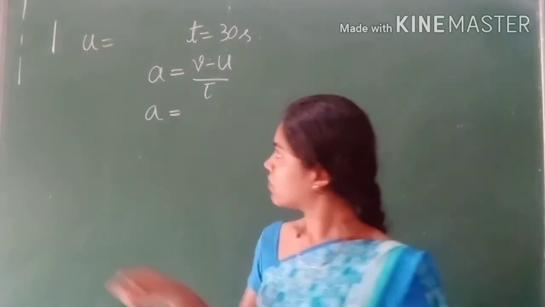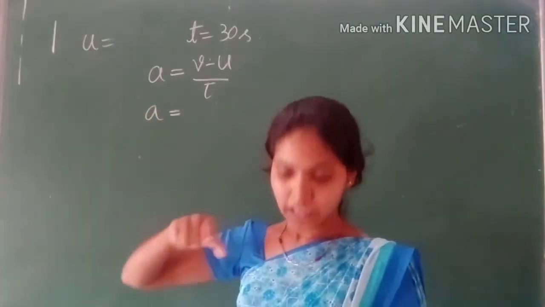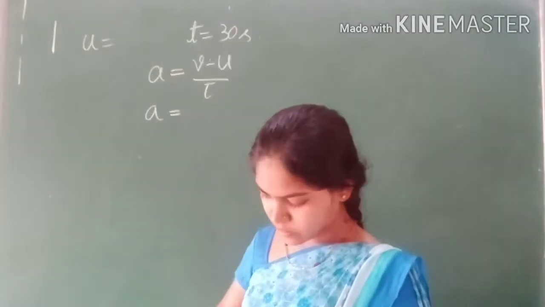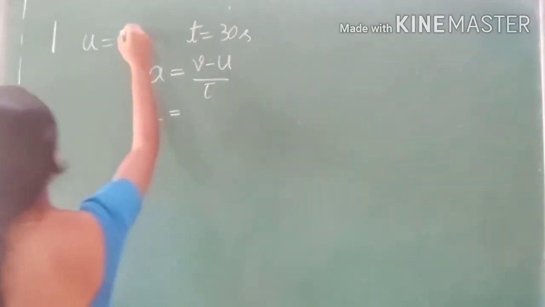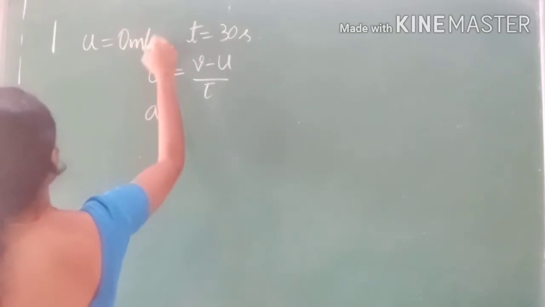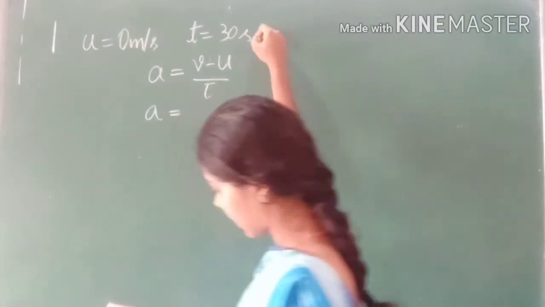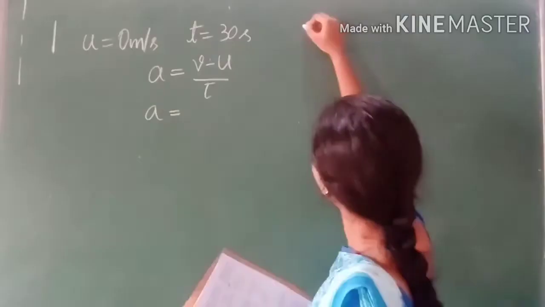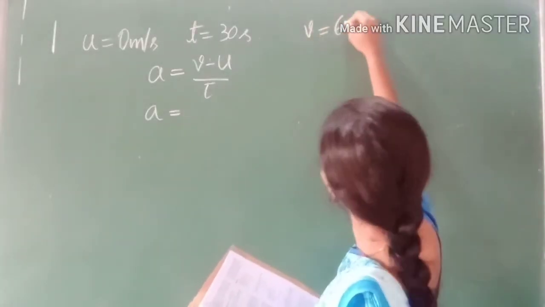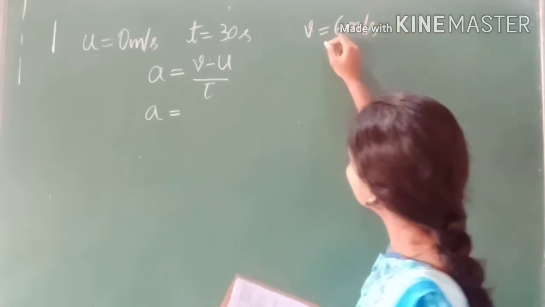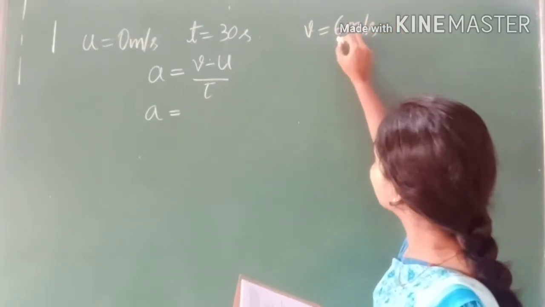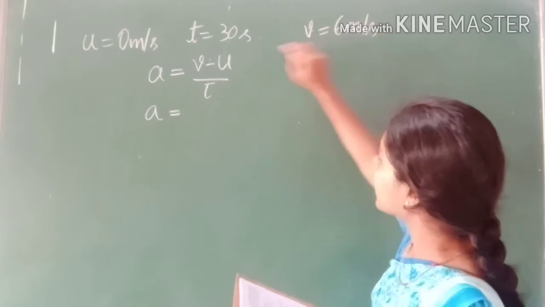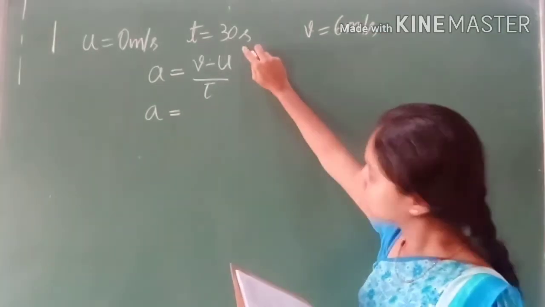In this problem, Rahul pedals his bicycle from rest, so the initial velocity is 0 meter per second. He attains a final velocity v equal to 6 meter per second in the time 30 seconds.